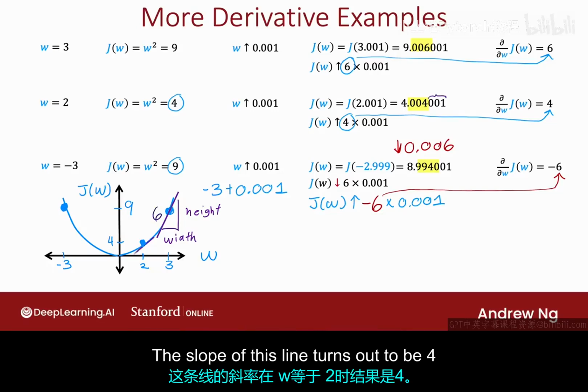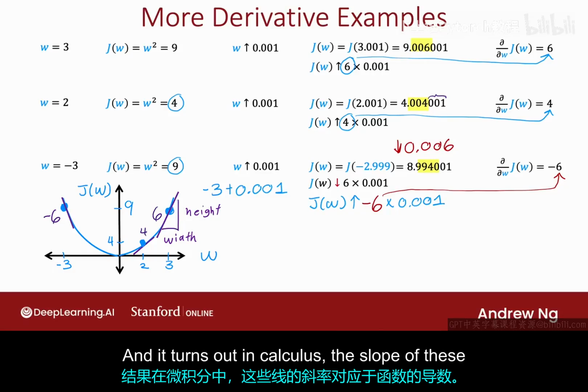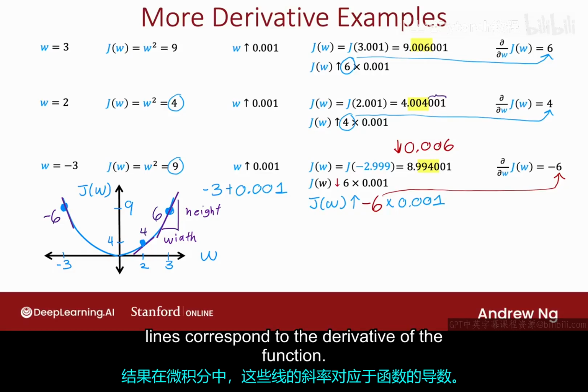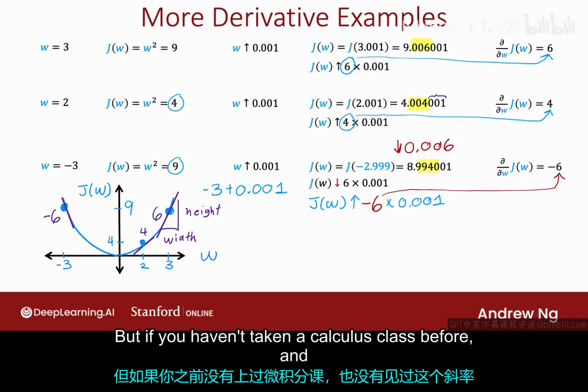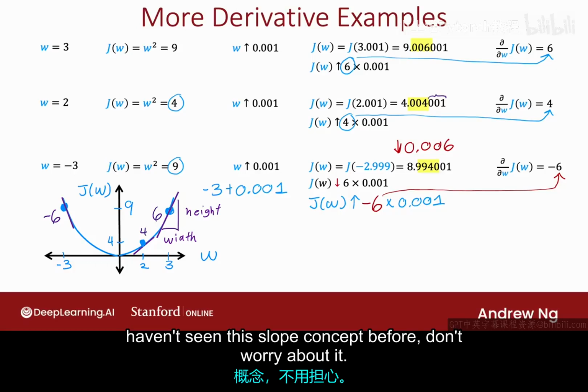The slope of this line turns out to be 4 when w equals 2, and the slope of this line turns out to be negative 6 when w equals negative 3. And it turns out in calculus, the slope of these lines corresponds to the derivative of the function. But if you haven't taken a calculus class before and haven't seen this slope concept before, don't worry about it.